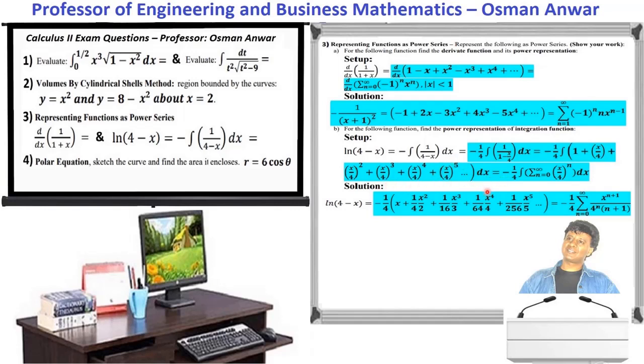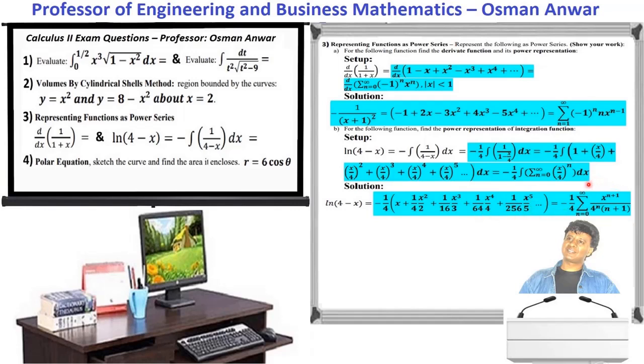When you integrate this, you will end up with minus 1 over 4 times the integration of 1, which is x, then the integration of this is 1 over 4 x squared over 2, 1 over 16 x to the third over 3, plus 1 over 64 x to the 4 over 4, plus 1 over 256 x to the 5 over 5.